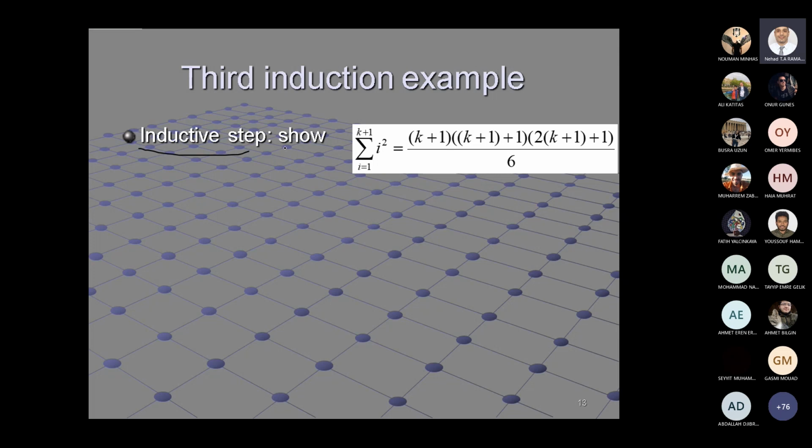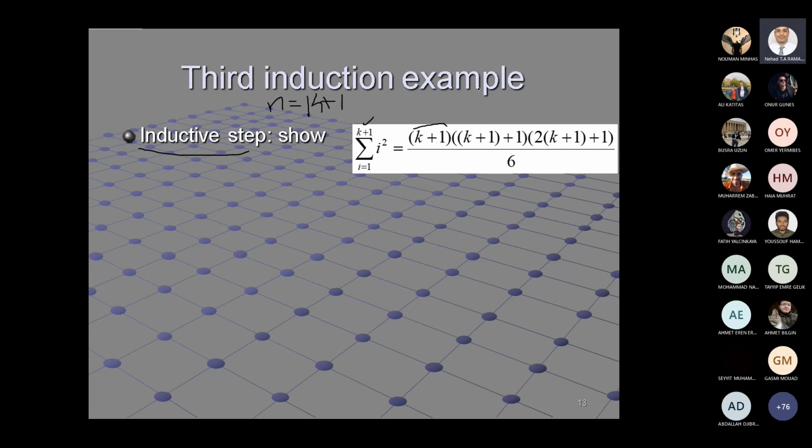We show that it's true for k plus 1. What's the meaning of k plus 1? For n equal k plus 1. So this means we have to show that the summation from i equal 1 to k plus 1 for i square is equivalent to, instead of n, k plus 1.